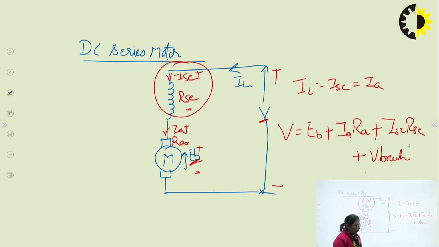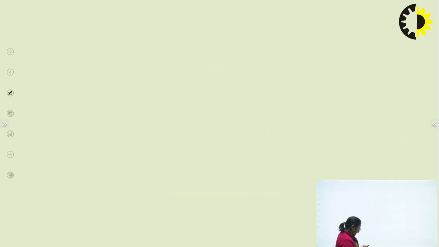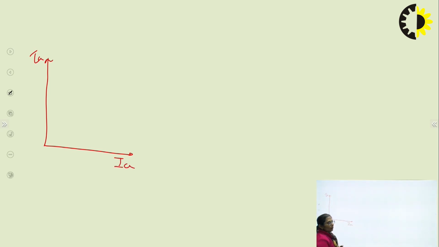Right? Now, going with the characteristics. Once again, seeing the DC motor characteristics. The very first characteristic, as in the earlier case, is armature torque versus armature current. What would it be like? Once again, the relation is the same. Torque is proportional to phi Ia for any motor. But we also know that for a DC series motor, the flux is not constant, whereas it is for a DC shunt motor. The flux varies in proportion to the current flowing through the field winding.